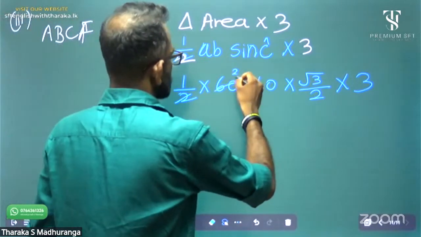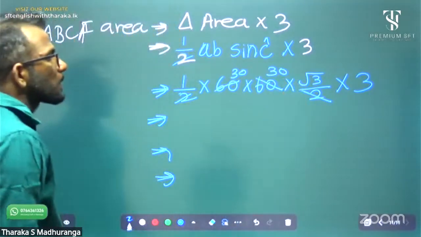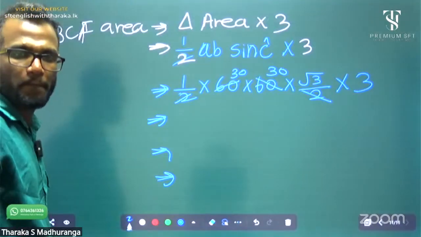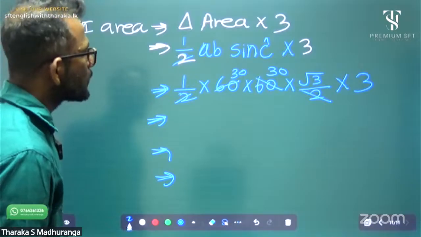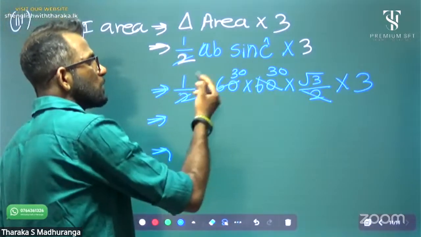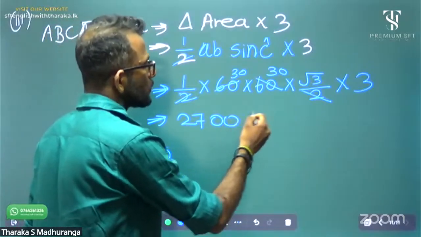It's 30. Again 30. 3 into 3, 9. 9 into 3, 27. 3, 2 zeros, root 3.